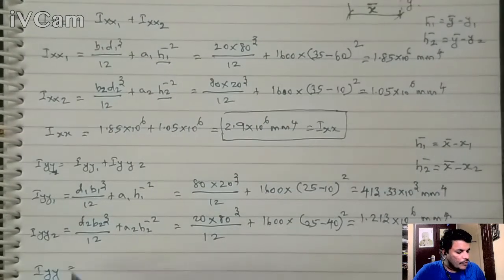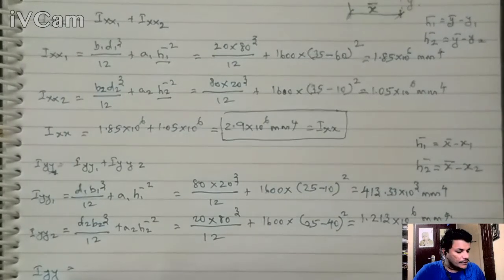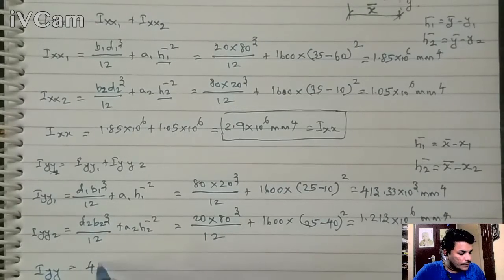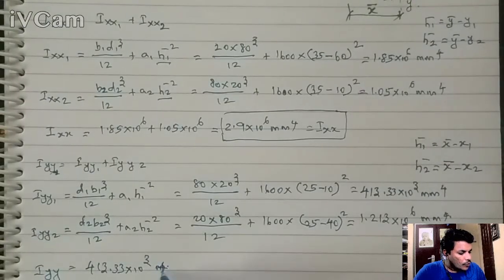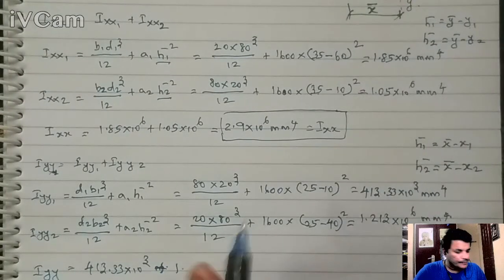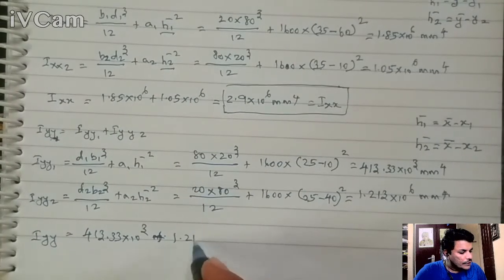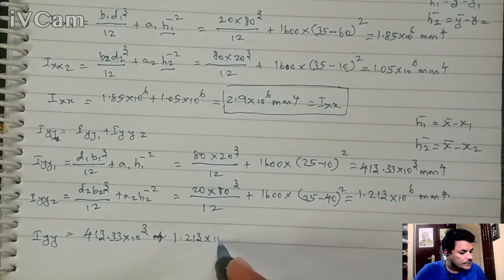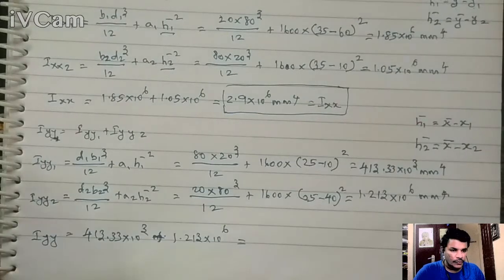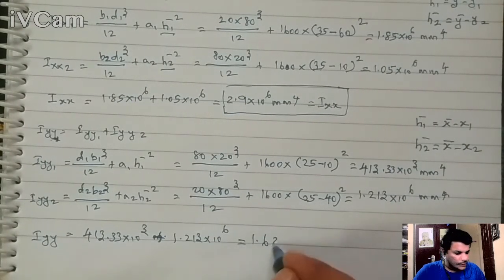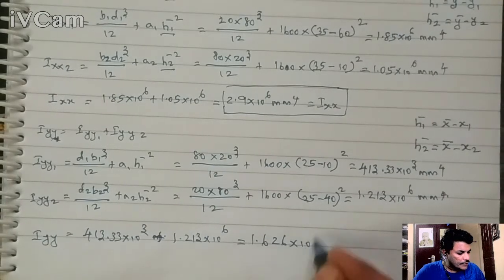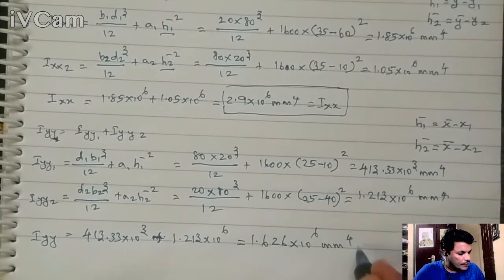You will get the moment of inertia of the angle section about YY axis. So this value, 413.33 into 10 power 3 plus 1.213 into 10 power 6, which is equal to 1.626 into 10 power 6 mm power 4. So this is Iyy.